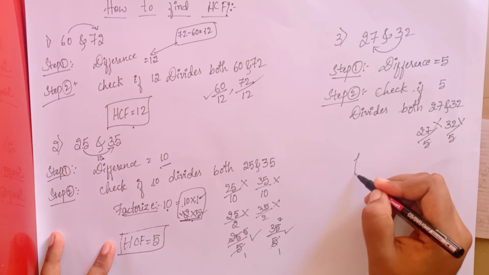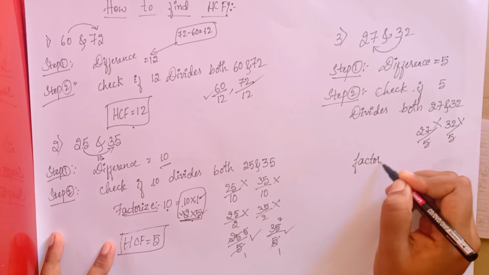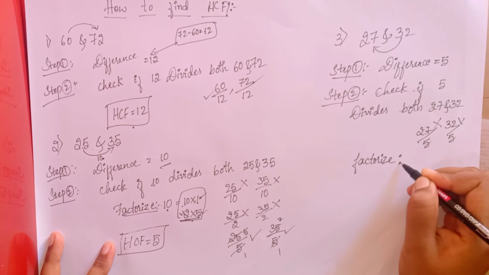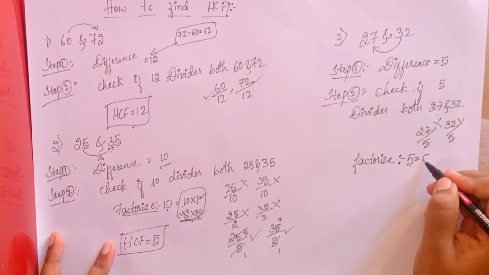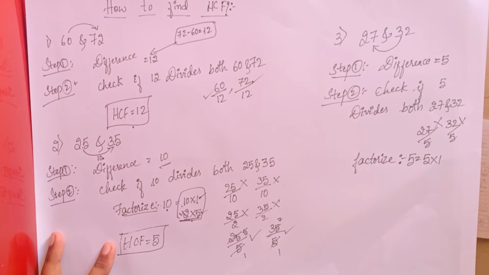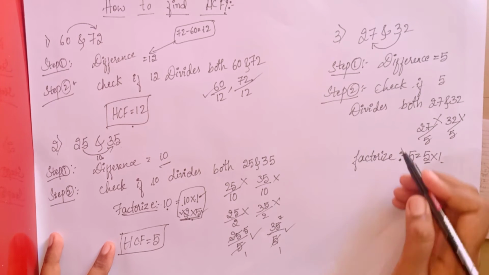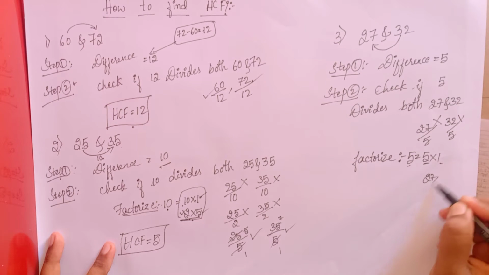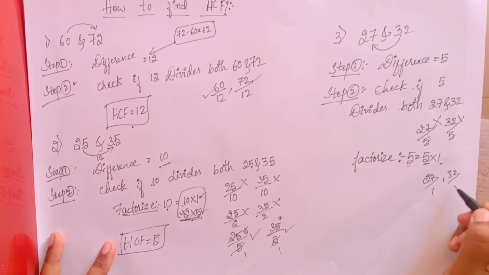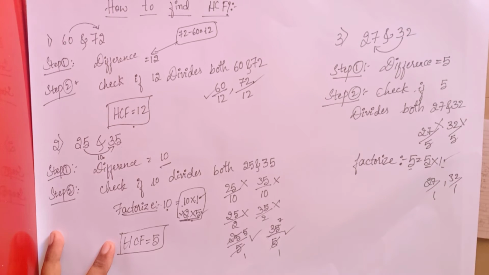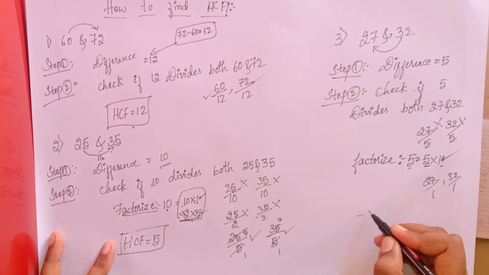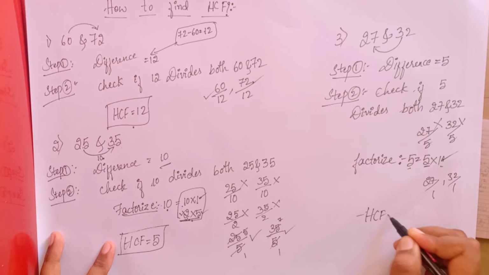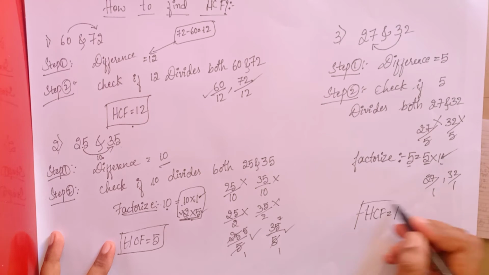So we need to factorize 5. The factors are 5 times 1, and we can't take 5 because it is the same number. So only 1 needs to be taken, that means 27 by 1 and 32 by 1. Only one number is possible, that is 1. So we can say the HCF is 1.